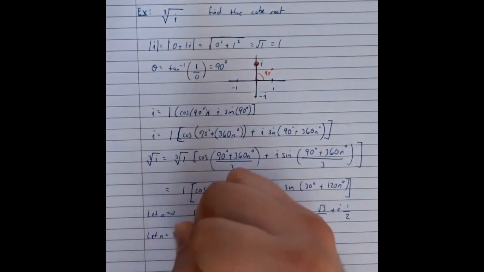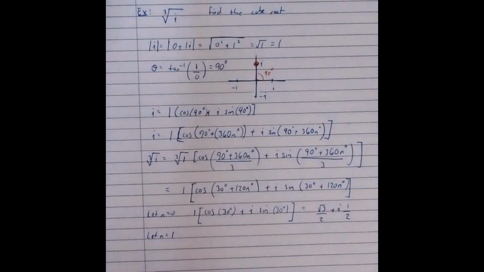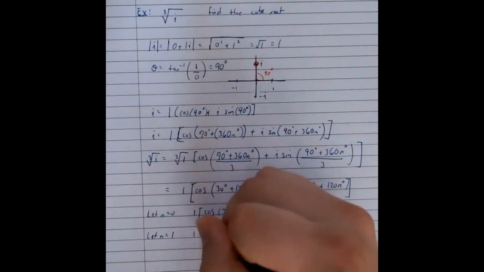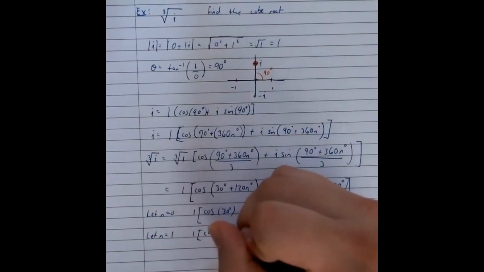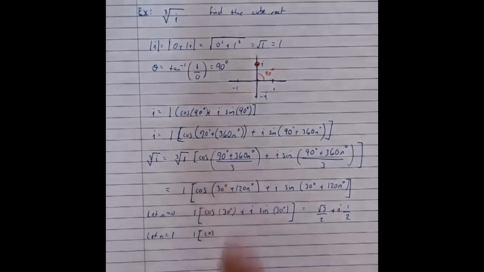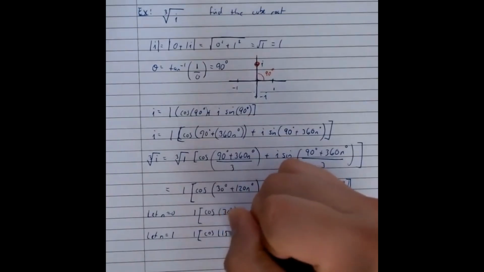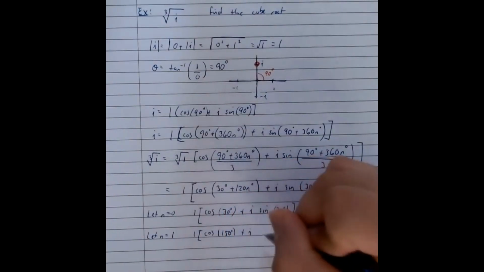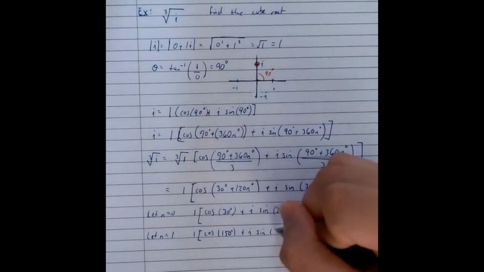Let's let n equal 1. Well, won't that give me the same answer? I'm just looking for the cube root of i. I should just get one of those. Well, let's see. That's 1 times the cosine of 120 times 1, which is still 120, plus 30. Well, that's 150, and same thing over here, plus i sine of 150.